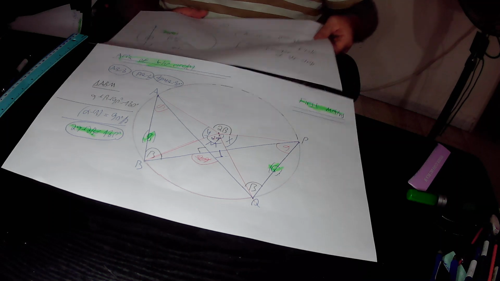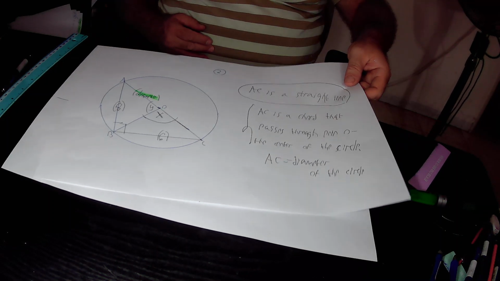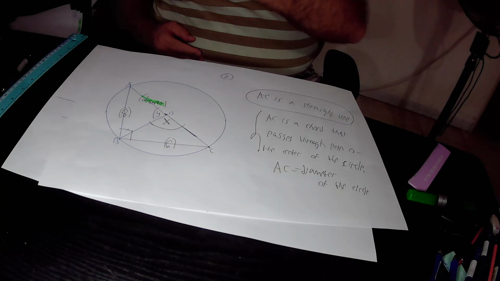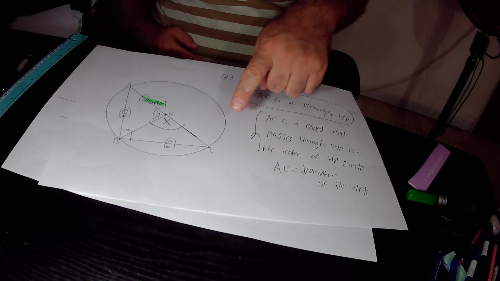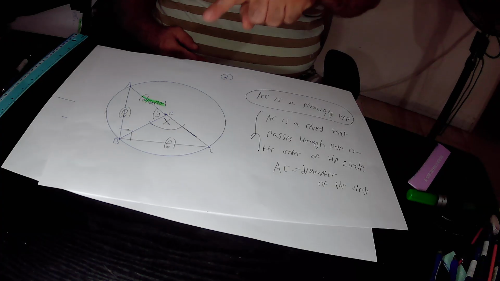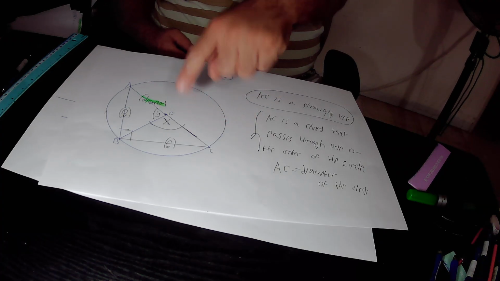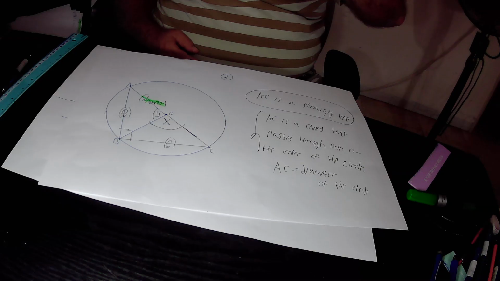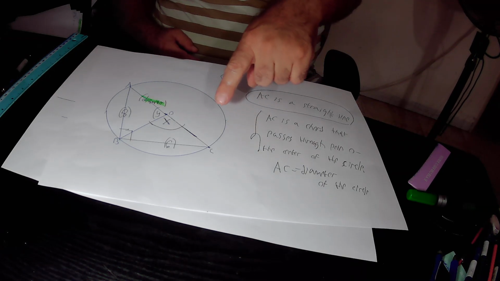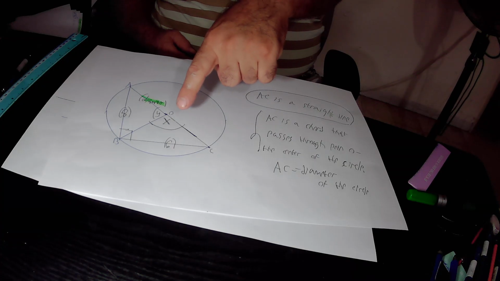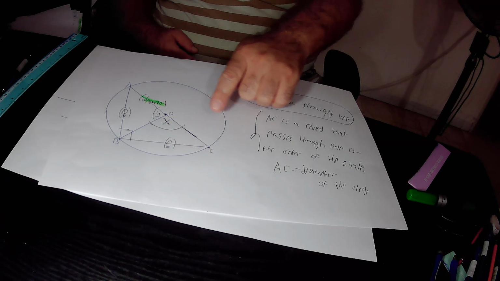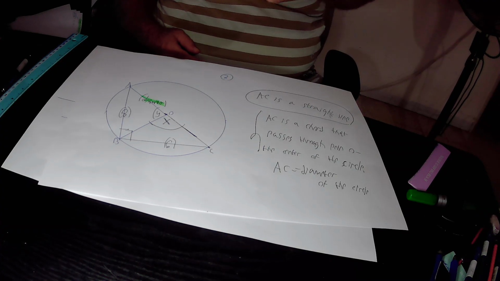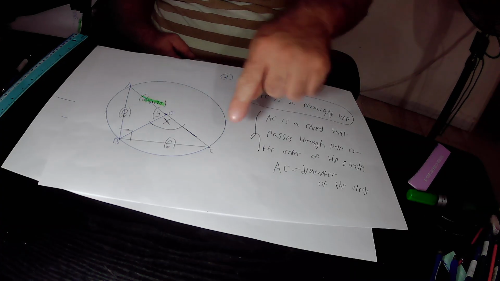So actually, from point B, we draw chord BC in such a way that the length of chord BC will be equal to 6 units, exactly 6 units. And we join points O and C together by a straight line. In this way, we get center angle BOC.